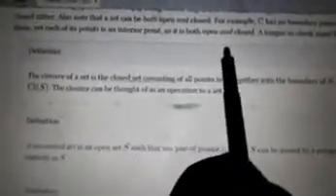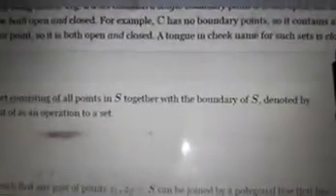For example, the complex plane has no boundary points, so it contains all of them. Yet each of its points is an interior point, so it is both open and closed. A tongue-in-cheek name for such a set is clopen.